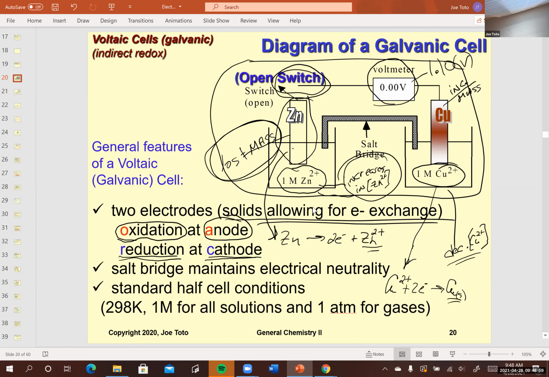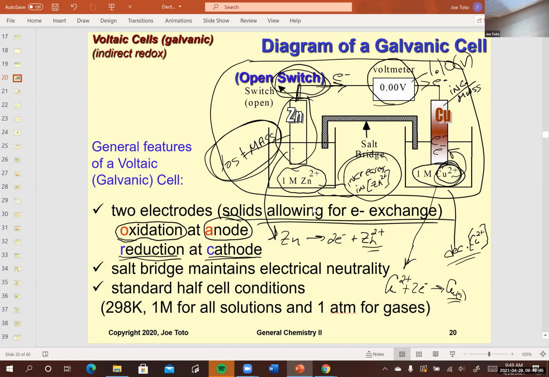So we see that when we have this setup, this indirect redox taking place, once we attach the wire, electrons are going to flow through the wire in this direction, towards the copper, and build up on this copper plate, where the copper ion can come up from the solution, gain the electrons, and plate out over the existing copper, and therefore explain why the electrode copper gains mass.